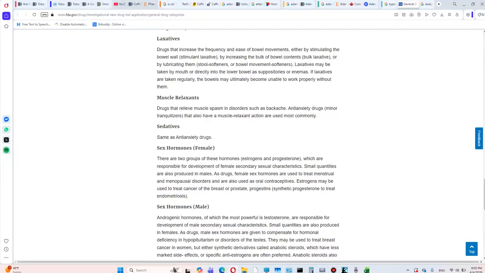Laxatives may be taken by mouth or directly into the lower bowel as suppositories or enemas. If laxatives are taken regularly, the bowels may ultimately become unable to work properly without them.